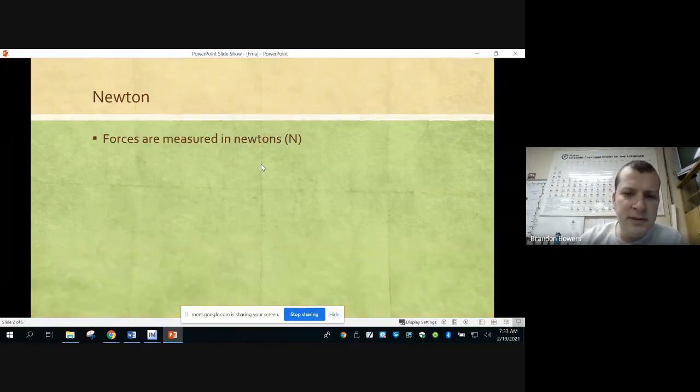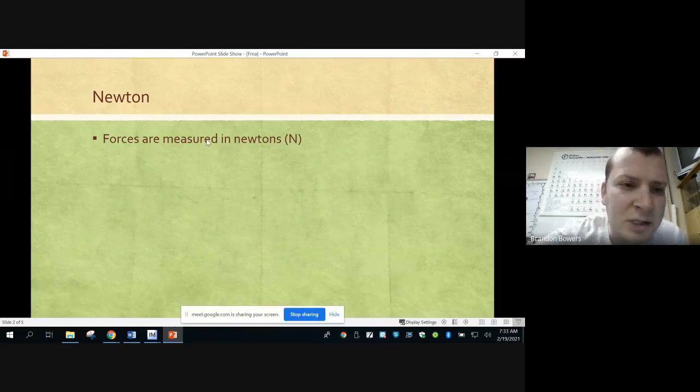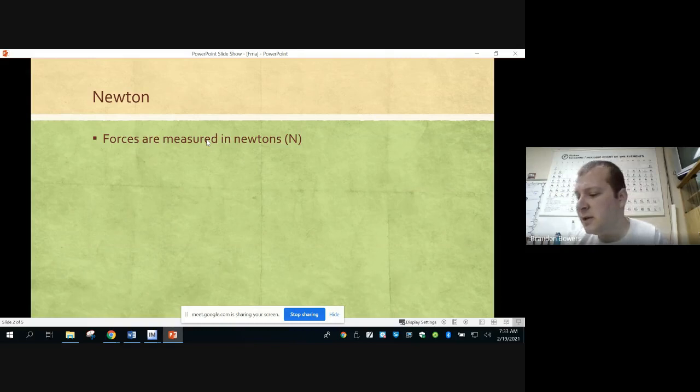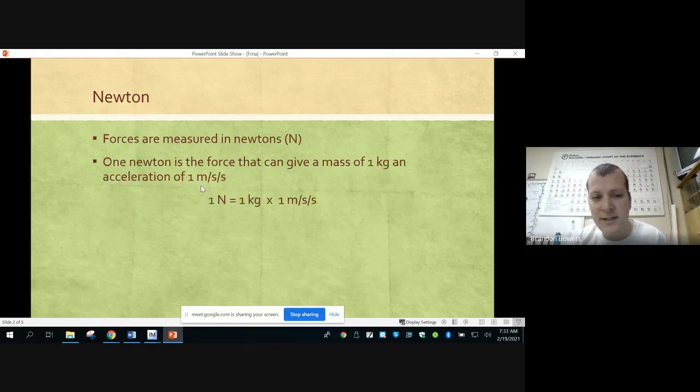Forces are measured in newtons. So whenever I say write a unit for force, the unit you're going to write is newton. 1 newton is the force that can give a mass of 1 kilogram an acceleration of 1 meter per second per second.